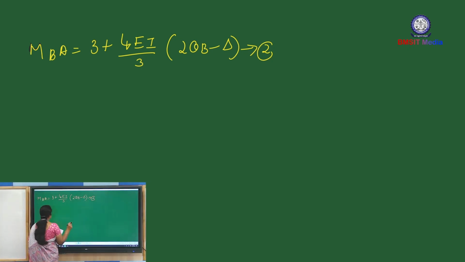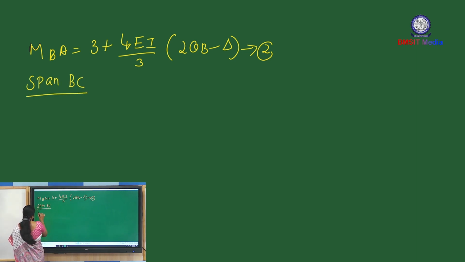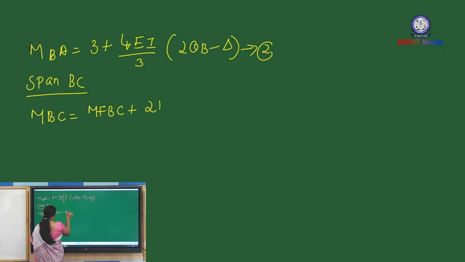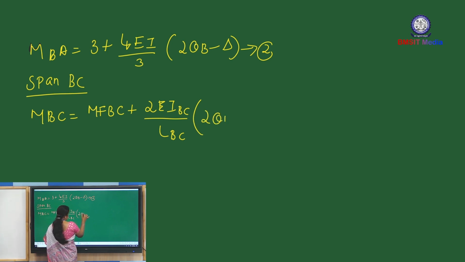Okay, AB is completed. Now span BC, that is MBC equal to M of BC plus 2EI BC divided by LBC. Here 2 theta B plus theta C minus 3 delta divided by LBC. Okay.